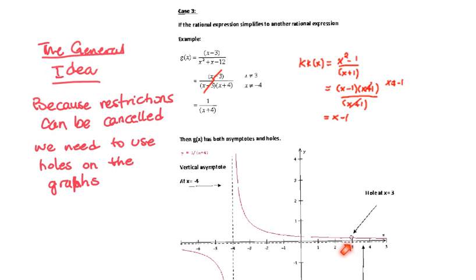Whether we end up with a rational function like this one or a straight line like case 1, whenever we have a restriction that disappears, because that restriction x minus 3 was originally in the denominator before we cancelled things out, we still have to account for it visually on the graph by using the hole. And that's it.